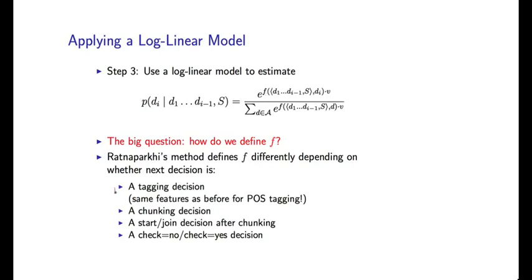So it can vary depending on whether I have a tagging decision next, a chunking decision, or one of these start join decisions at the stage after chunking, or a check equals no versus check equals yes decision. And so he actually developed different feature vector definitions for each of these 4 cases.